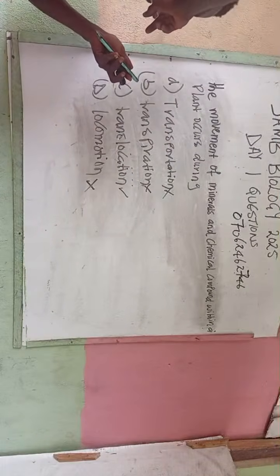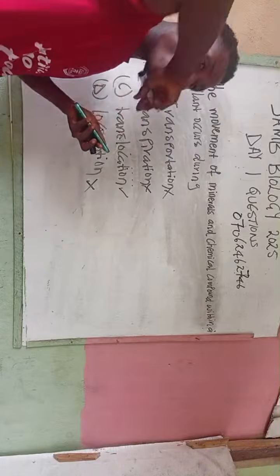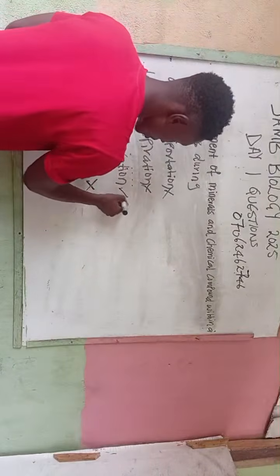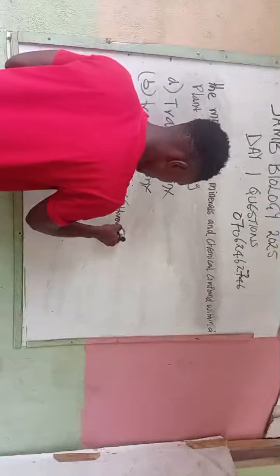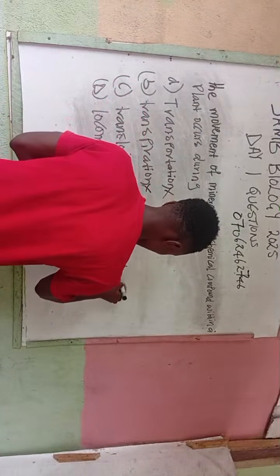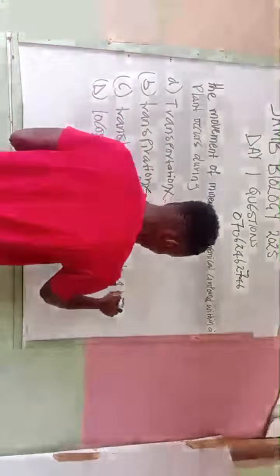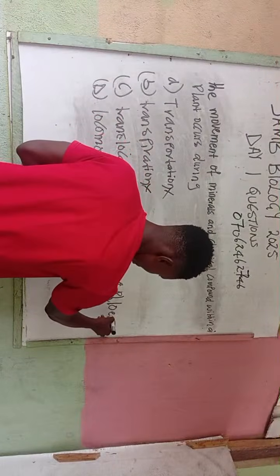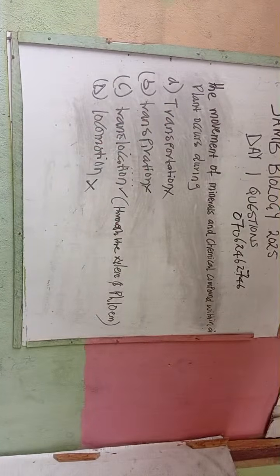The movement of minerals and chemical compounds within a plant occurs during translocation. And this movement can be done through the xylem and also the phloem. Please note, it is not transportation, it is not transpiration, neither is it locomotion.